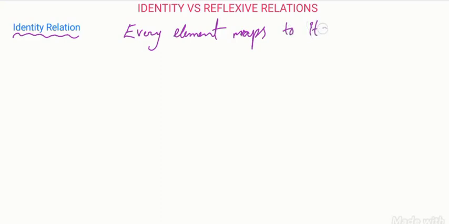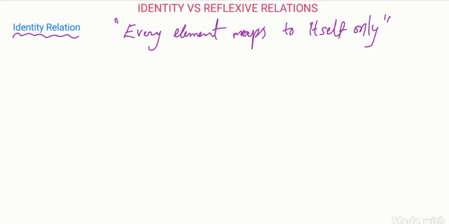Identity relation. What is identity relation? A relation in which every element maps to itself only. These are the keywords you have to remember. Every element maps to itself only.